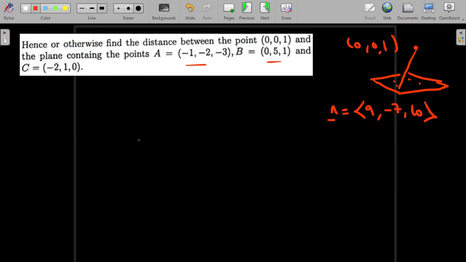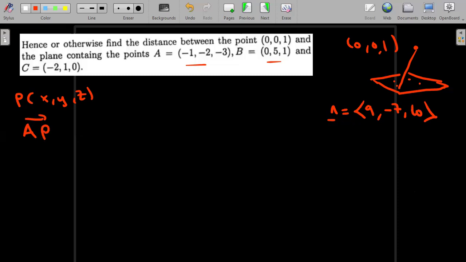Then the next thing you do is you just say, okay, let P be X, Y, and Z, like this. This be any point on the plane. Then you get AP.